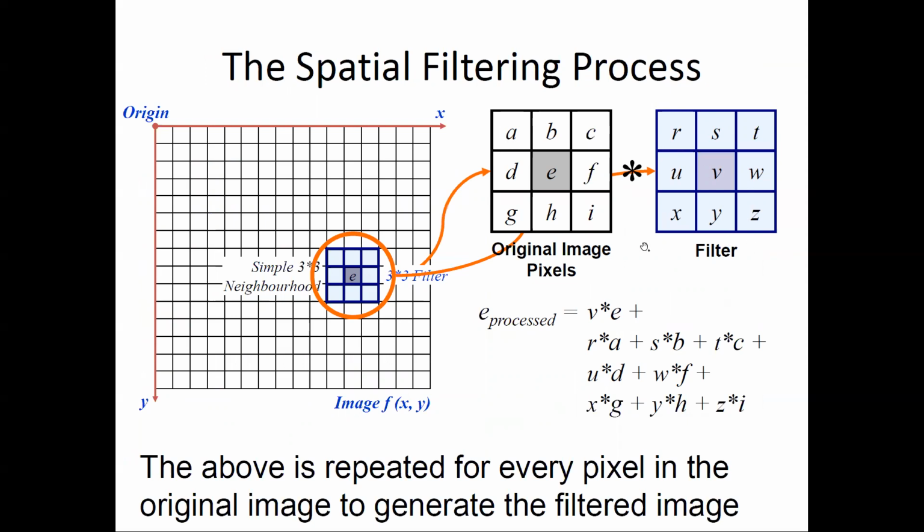So v is in the center, so v and e are multiplied, r and a are multiplied, s and b are multiplied, c and t are multiplied, and so on. This process is repeated as we move one pixel at a time. After e, we go to the next pixel, and the next. This is for a 3 cross 3 filter. If it is 5 cross 5 or 7 cross 7, only the equation will change.